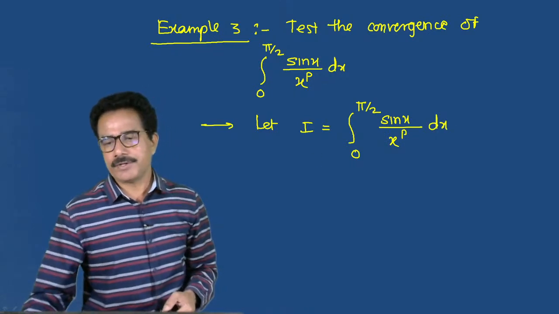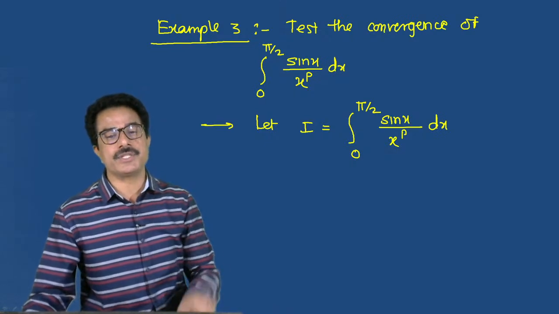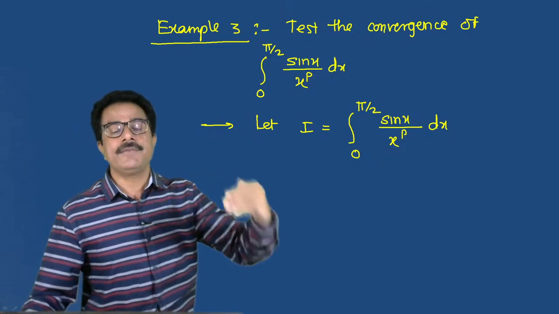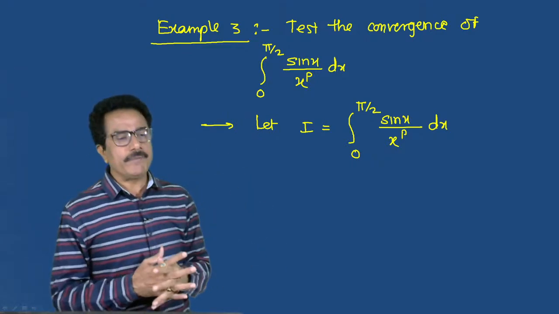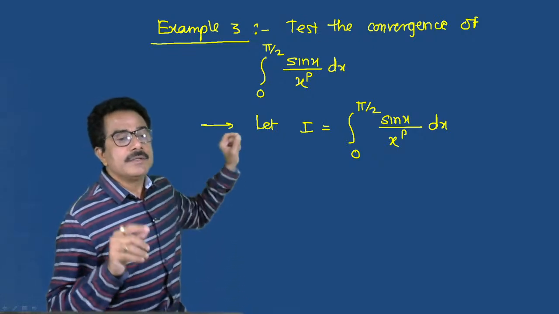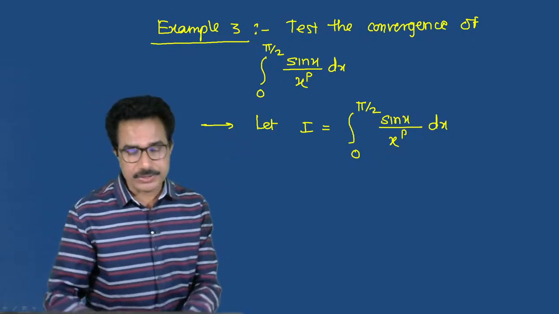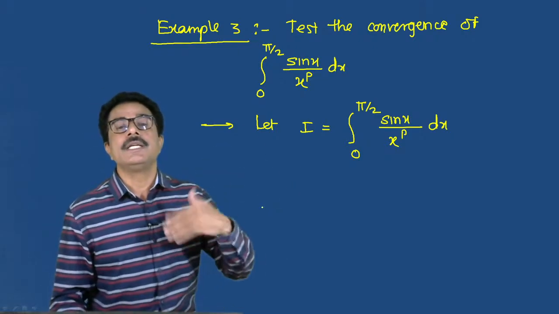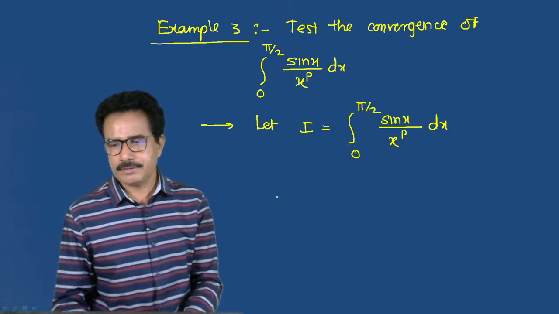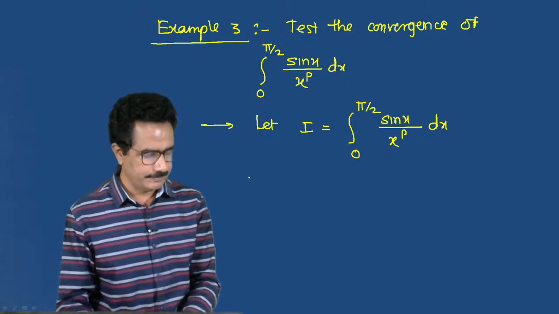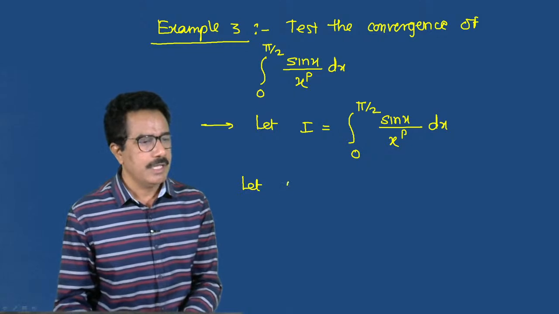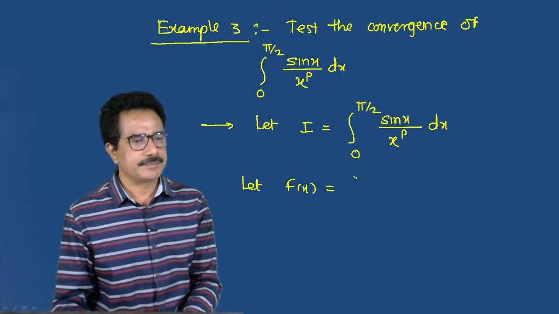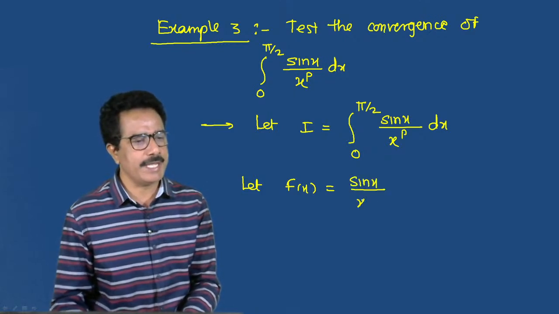Now you tell me, at which value this function will be discontinuous. Now what you have to check is at which value this function will be discontinuous, meaning which value placed in the function gives a discontinuity. Okay, very good. Let f of x equal sin x divided by x raised to p.